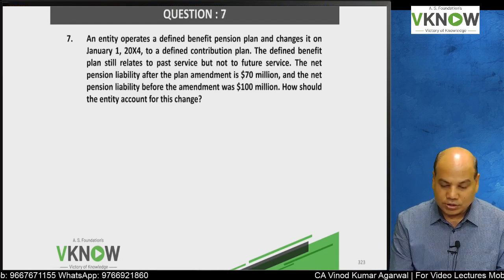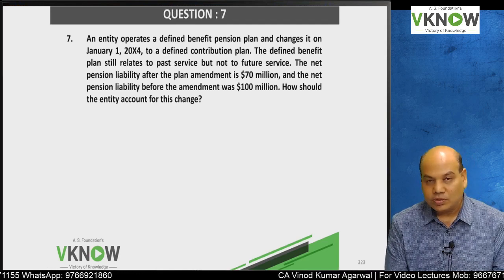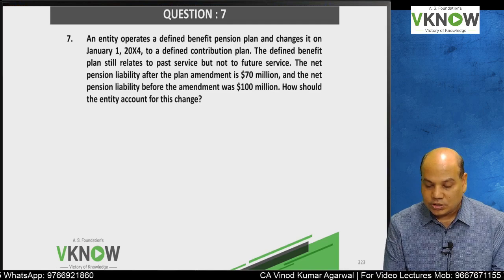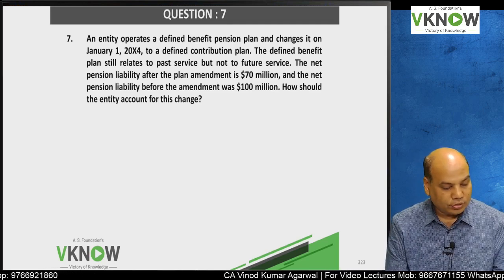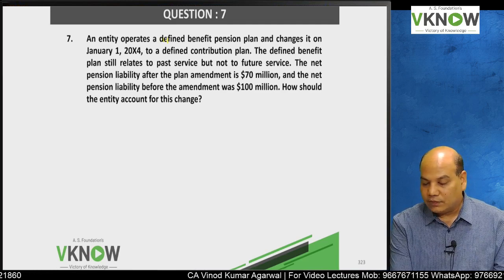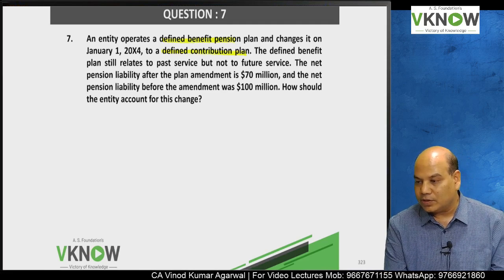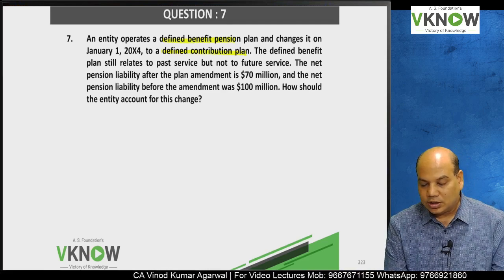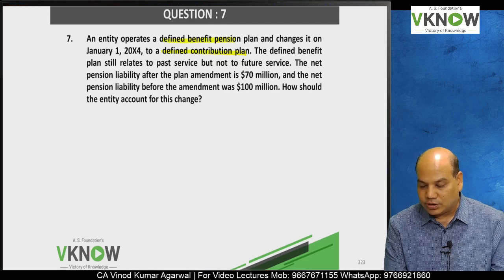Okay, one last question. An entity operates a defined benefit pension plan and changes it on 1st January 2004 to a defined contribution plan. A defined benefit plan changed to a defined contribution plan. The defined benefit plan still relates to past service cost but not to future service.